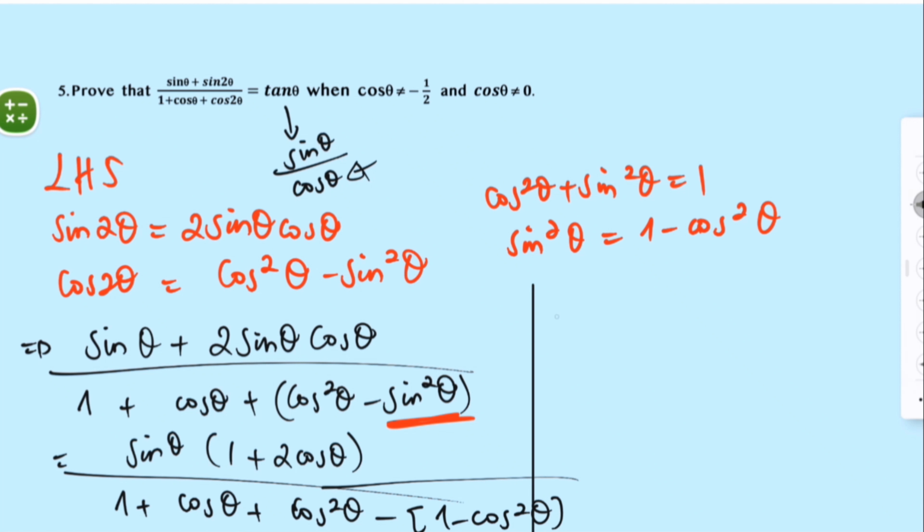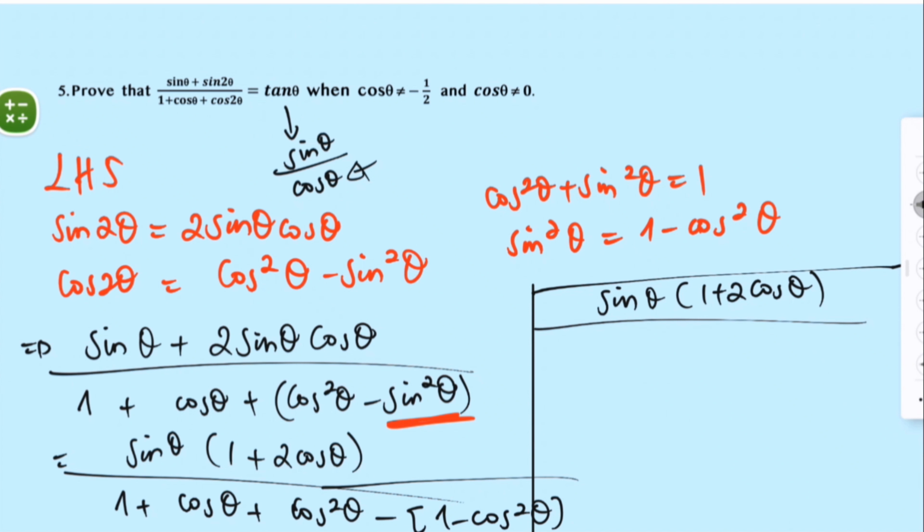Okay, so now sine theta parentheses 1 plus 2 cos theta all over 1 plus cos theta plus cos squared of theta minus 1 plus cos squared of theta. I'm just expanding the bracket.